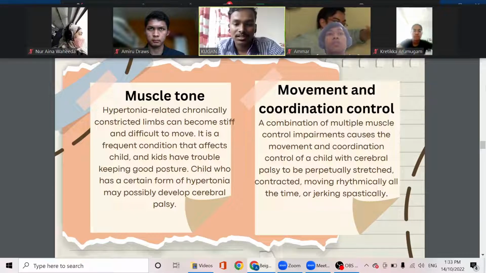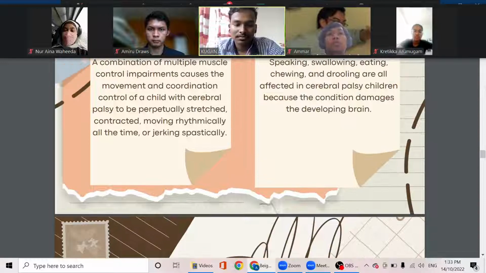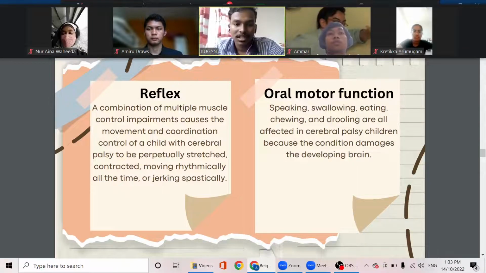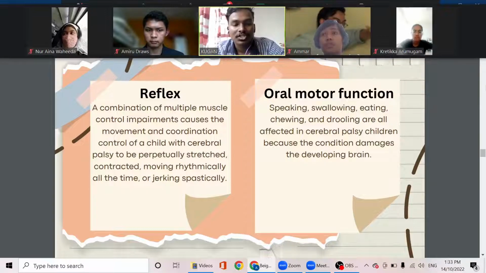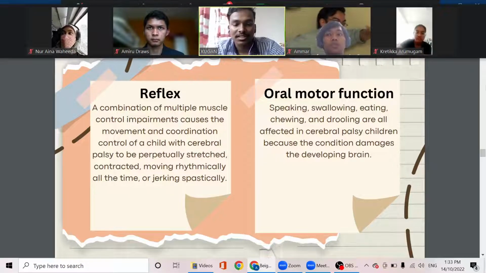And the third one, next slide please, is reflexes. A combination of multiple muscle control impairments causes the movement and coordination problems; children with cerebral palsy repeatedly stretch and contract, with jerking and spasticity. It is also related to the second point I mentioned, because their reflexes can't react to accidents, such as when they are falling off a bike while riding a bicycle.